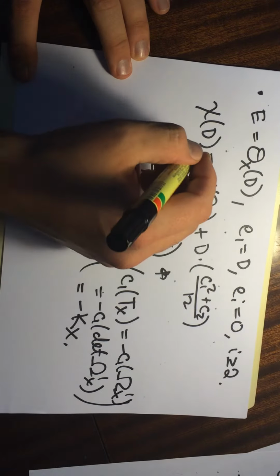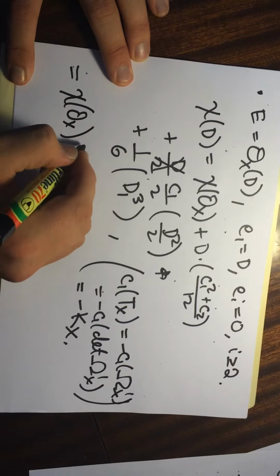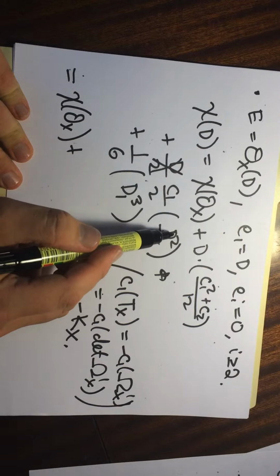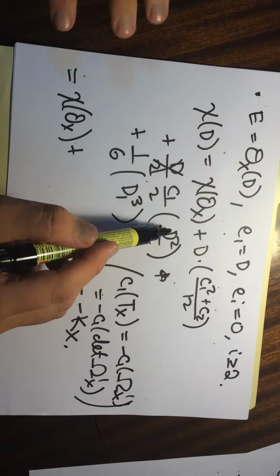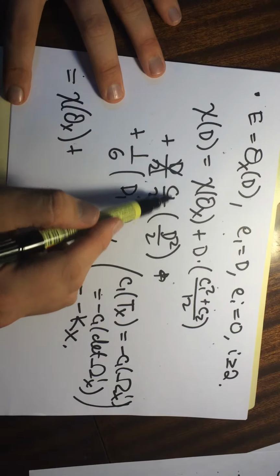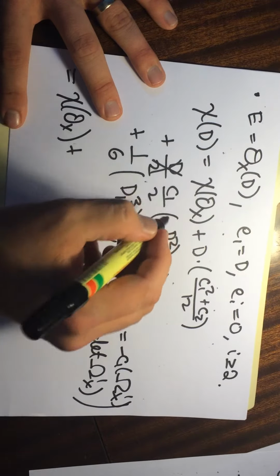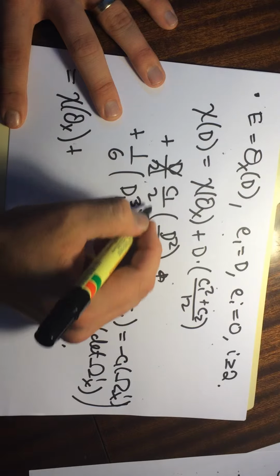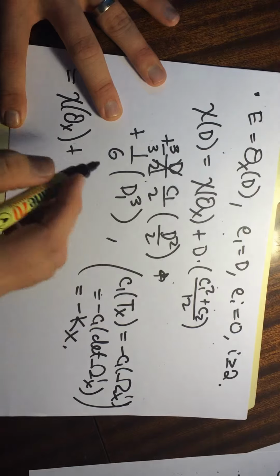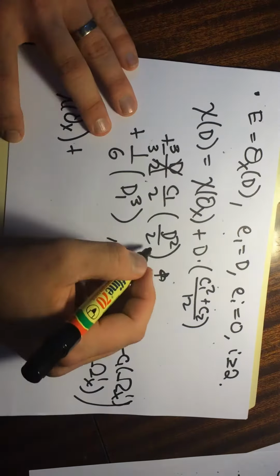So this formula becomes chi of O of X plus. Okay, and now maybe we can factor some things out. So here we can do C1 times D. There are 4 of these in the denominator, so we can do 3 over 3 here, so we get 12.